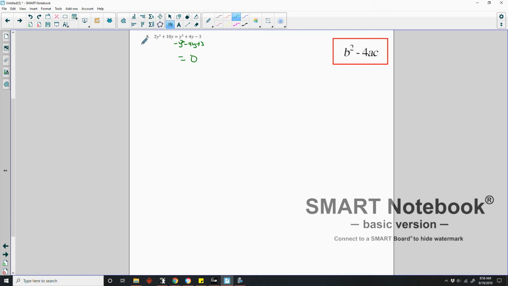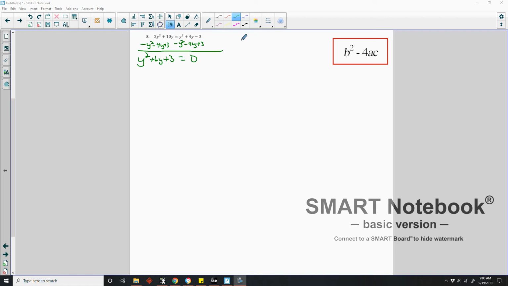If I subtract a y squared and a 4y and add 3, then I'm going to get 2y squared minus 1y squared is 1y squared, and 10y minus 4y is 6y, and there is no number over here, so it's plus 0. 0 plus 3 is 3.